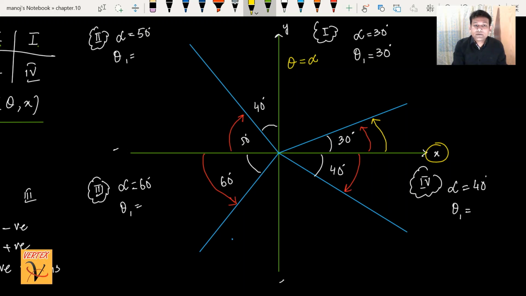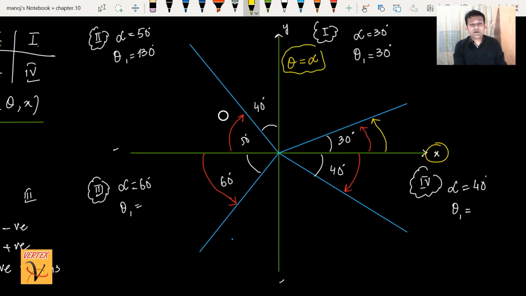Moving to the second quadrant, I'm finding theta 1, and we know the angle is always from the positive x-axis and anti-clockwise. So I have to move from here till here. What is the measurement from this point to this point? You can see 90 plus 40 is 130. I'm writing 130 degrees. Can we make a relation here, as we have made here?